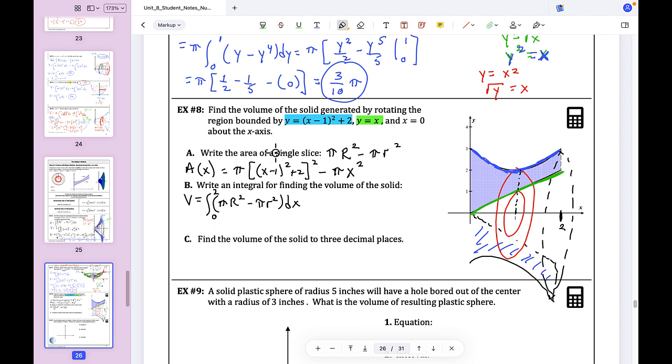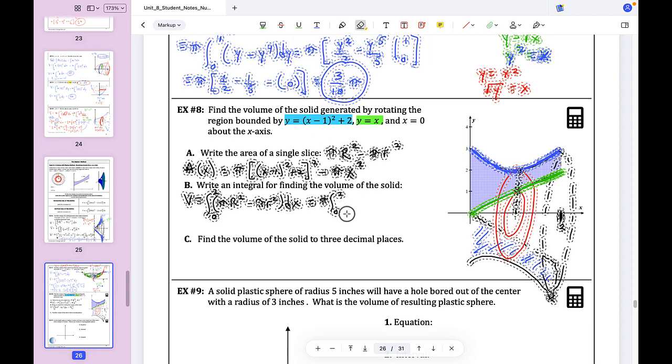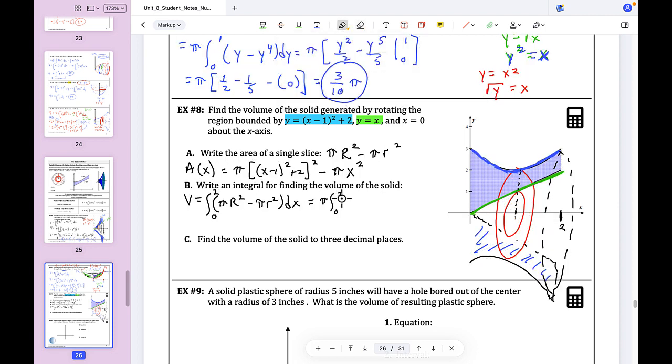This is going to be pi times the integral from 0 to 2 of the bracket (x minus 1) squared plus 2, squared, minus x squared dx.